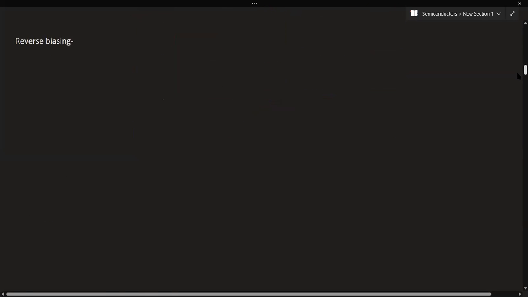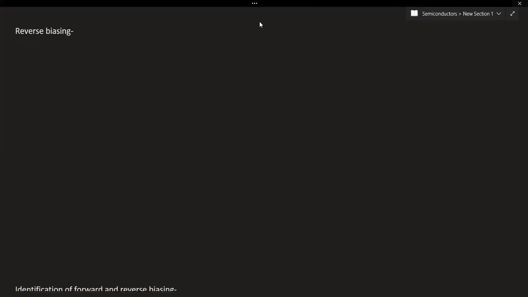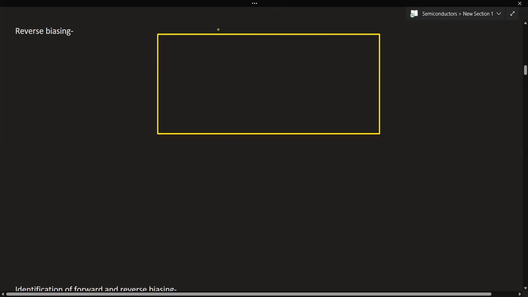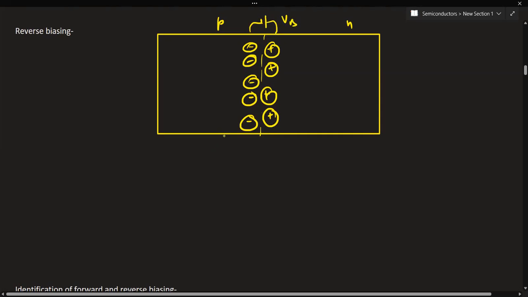In case of reverse biasing, we'll have the P part again, the N part again. This will comprise the depletion region, with the positive donors and negative acceptors, and here a potential barrier will be created similarly.